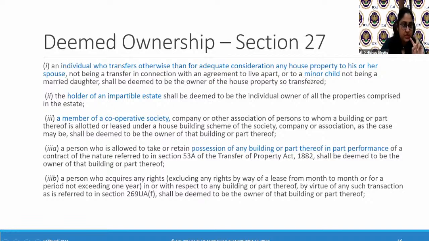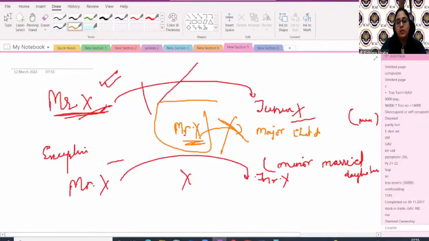Only if these two transfers happen without adequate consideration, then only deemed ownership would cover. Otherwise, in the situation where Mr. X is transferring the house property to his child who is more than 18 years of age, the concept of deemed ownership would not be there. Clear? Then in that case, the income would be taxed in his hand only.